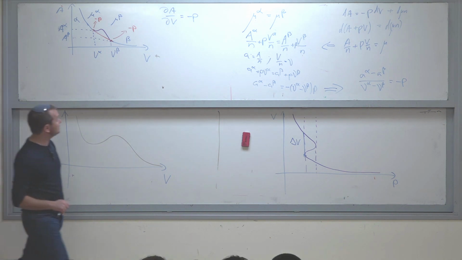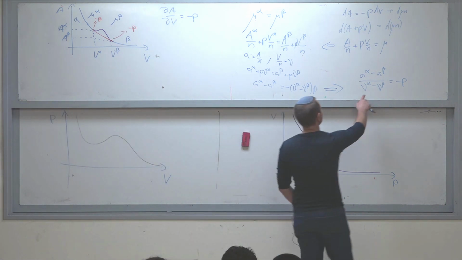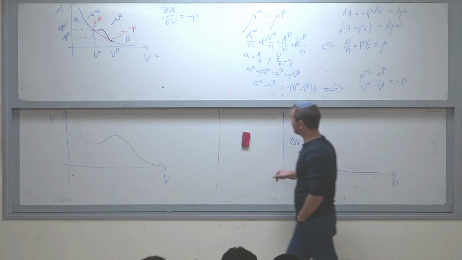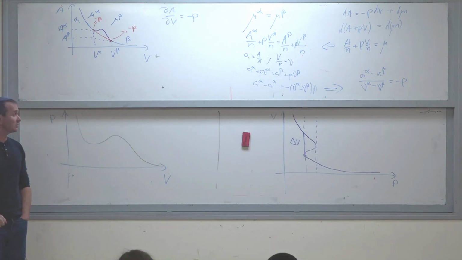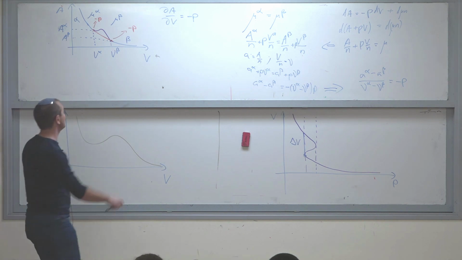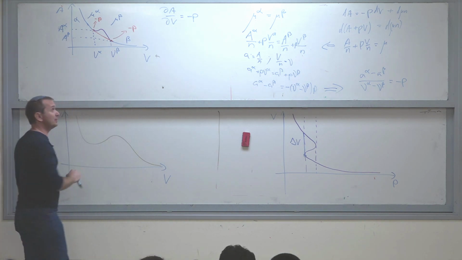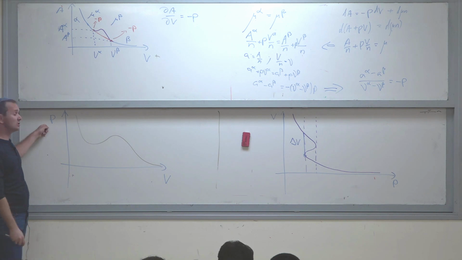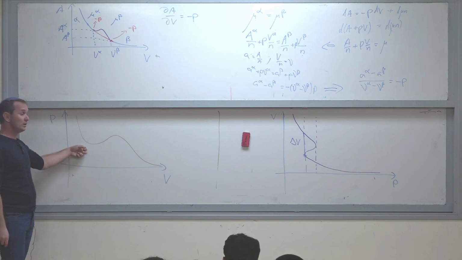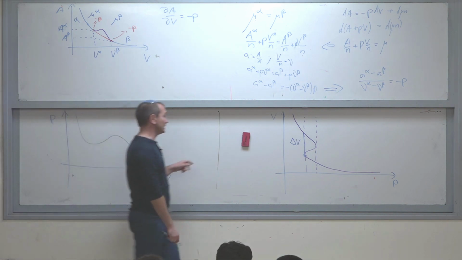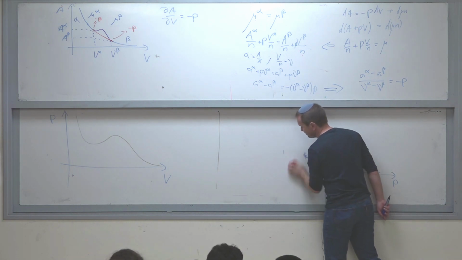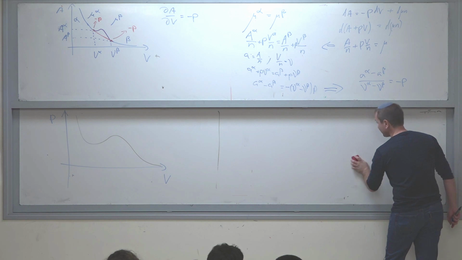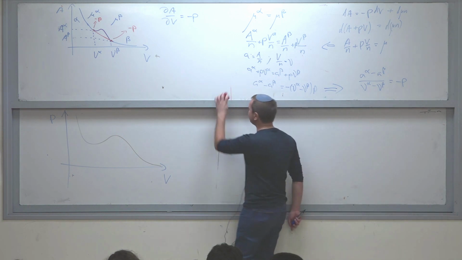And let's use this definition over here in order to find a criterion for the critical volumes, not using the free energy, but something related to pressure and volume. Those are much more plottable quantities. It's hard to imagine what this free energy is.